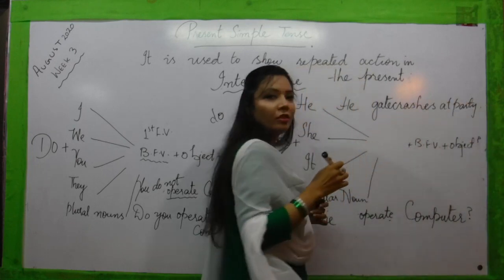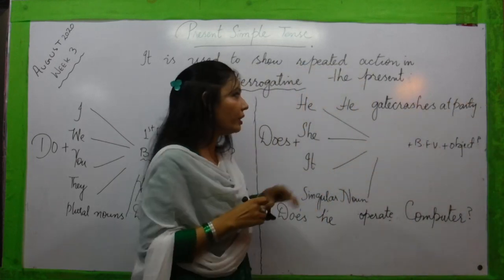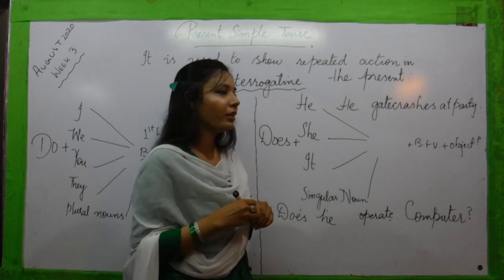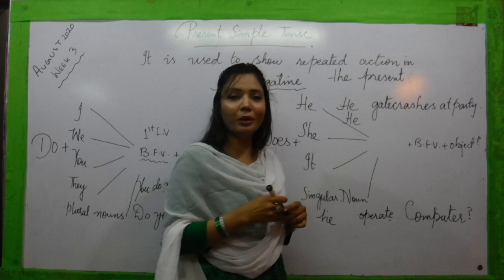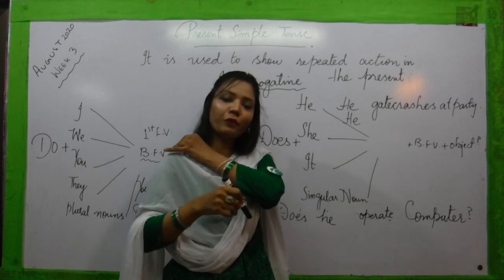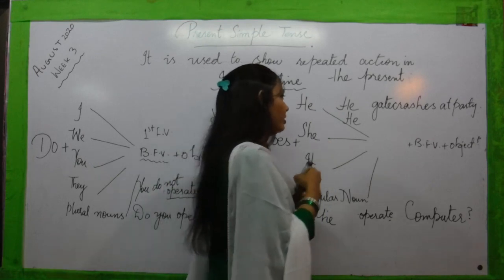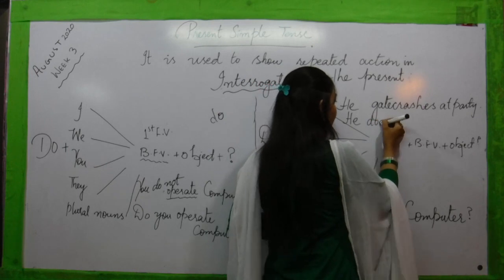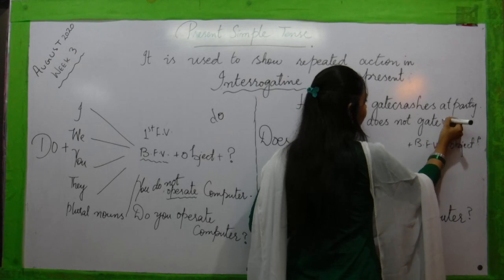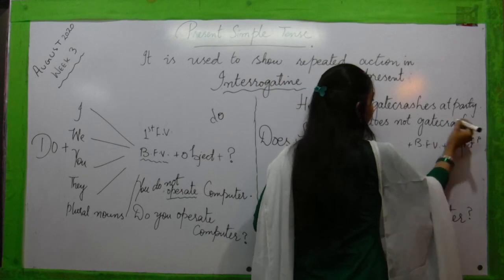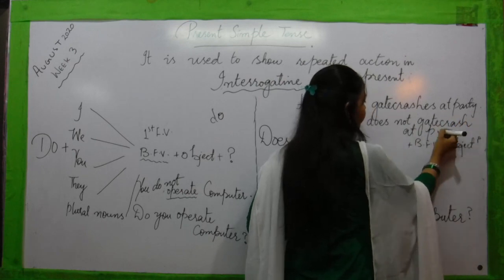And now it's your turn to try its negative. Yes. I hope some of you must have made it correct. If not, then see the answer. He does not gate crash at party.